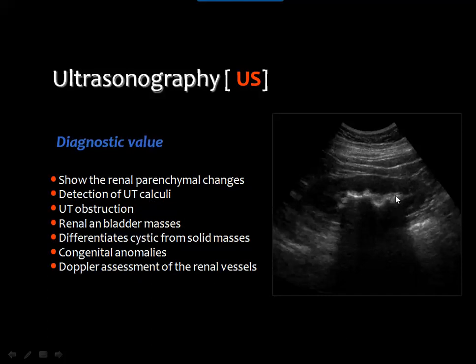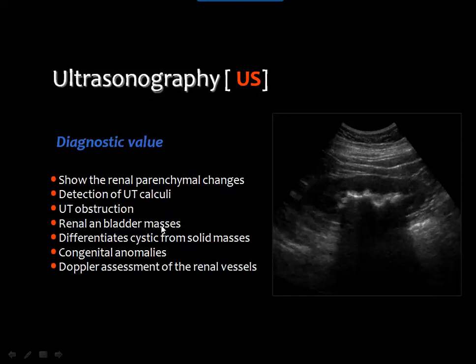And this is a good example of a big calculus occupying the renal pelvis, and you see the characteristic posterior acoustic shadowing, which is the most helpful sign for calculi anywhere in the body. Then detection of hydronephrosis is easy by ultrasound.